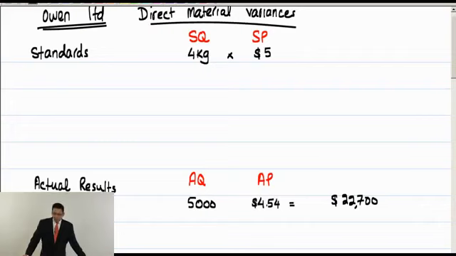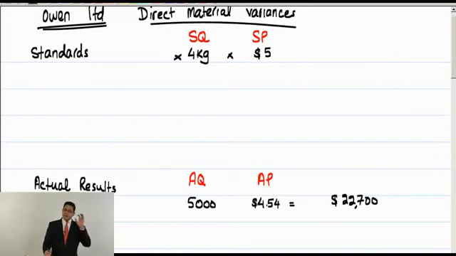Okay, now here is, for example, 4 kilos times 5 is 20, and actual is 22,700, and that's what I was saying, it doesn't make much sense. So in order to make it like with like, always remember, the first line of every variance, meaning the standard line of every variance, will be flexed by multiplying it by actual production.